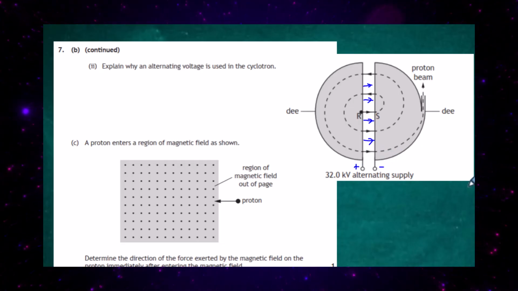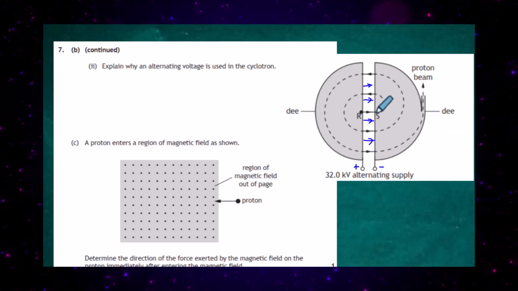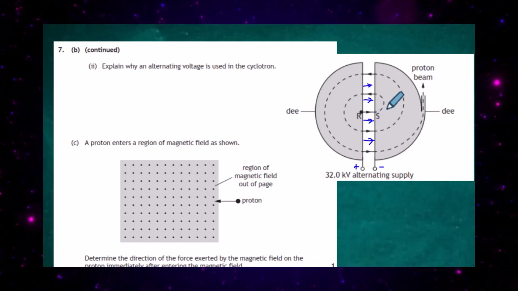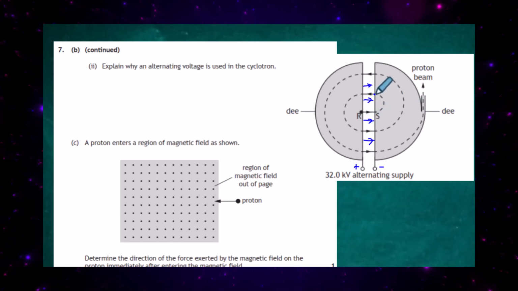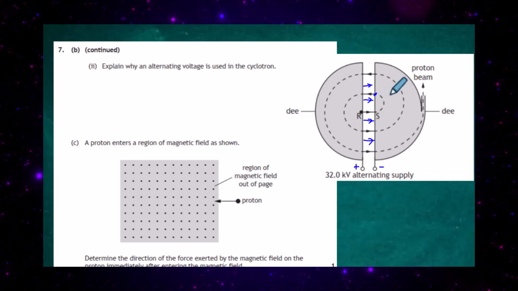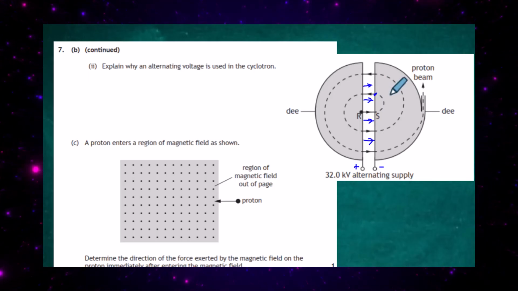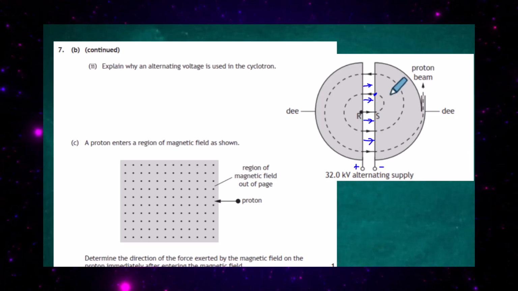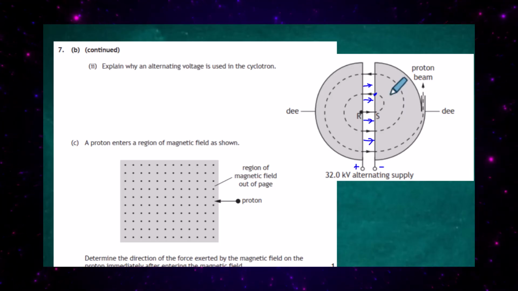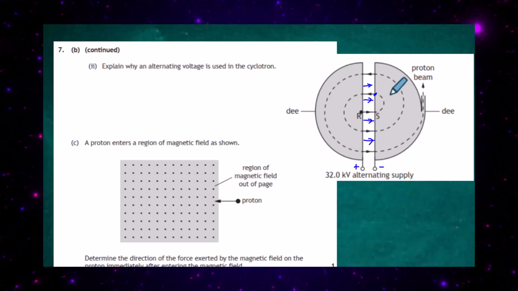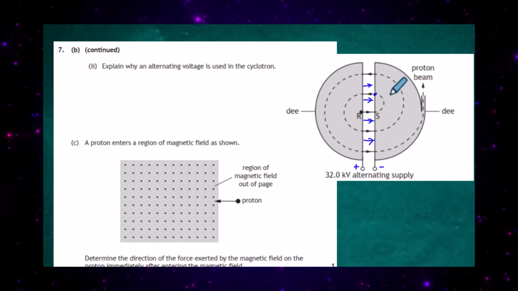Now when the proton gets to S, the magnetic field, as we'll see in the next part of the question, bends the proton round to this position here. If you look very closely, it's not going to accelerate across that gap because the electric field is in the opposite direction. So the electric field has to change, and that's why we have to have an alternating supply.